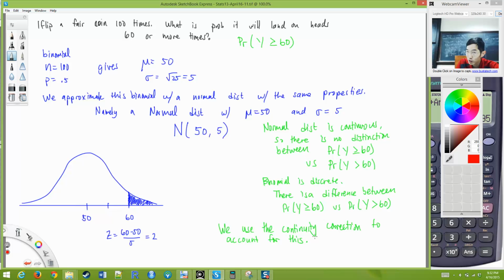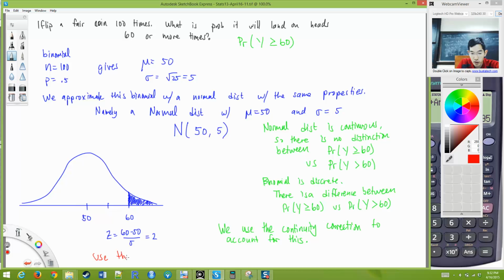If you're just dealing with normal distribution stuff, don't use the continuity correction. You only use the continuity correction when you're trying to approximate the binomial with the normal, or some other discrete thing with the normal distribution, okay?